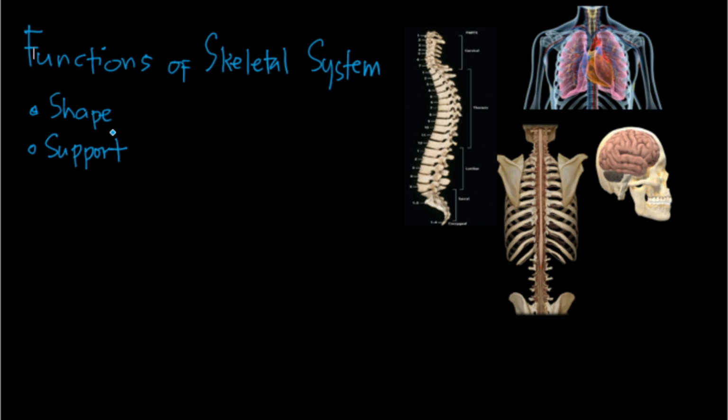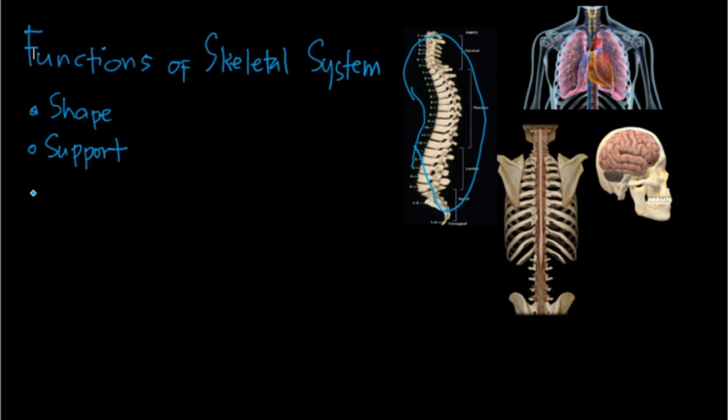The bones of the legs, the pelvis, and the vertebral column, also called your spine, give support to the body and hold it upright. If you can see in the right corner, we have your spine, also called your vertebral column or the vertebrae.